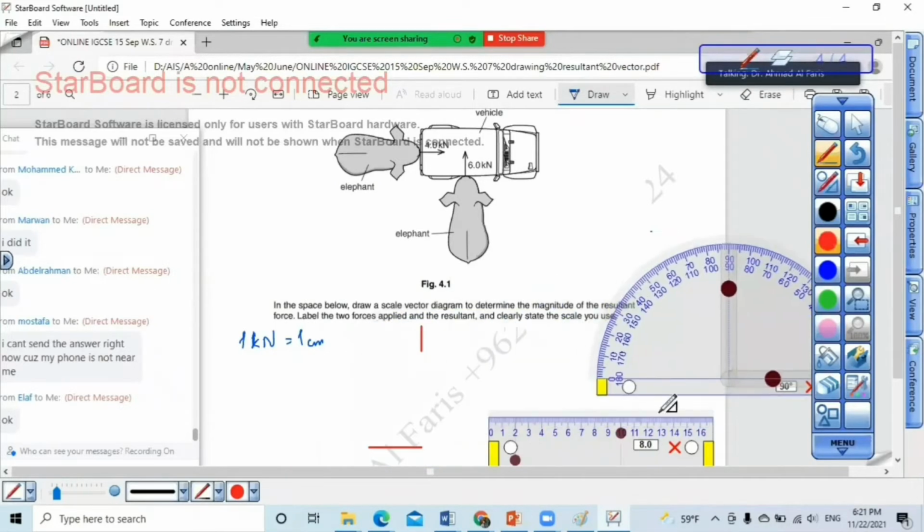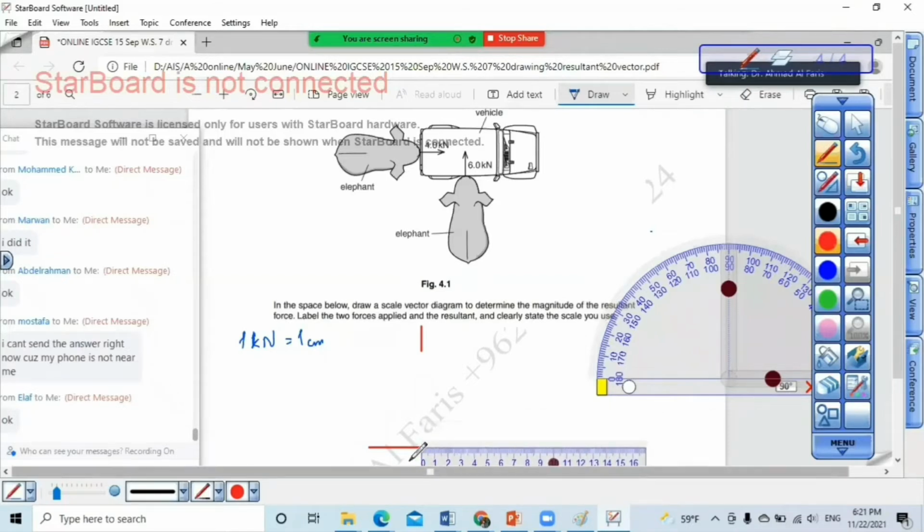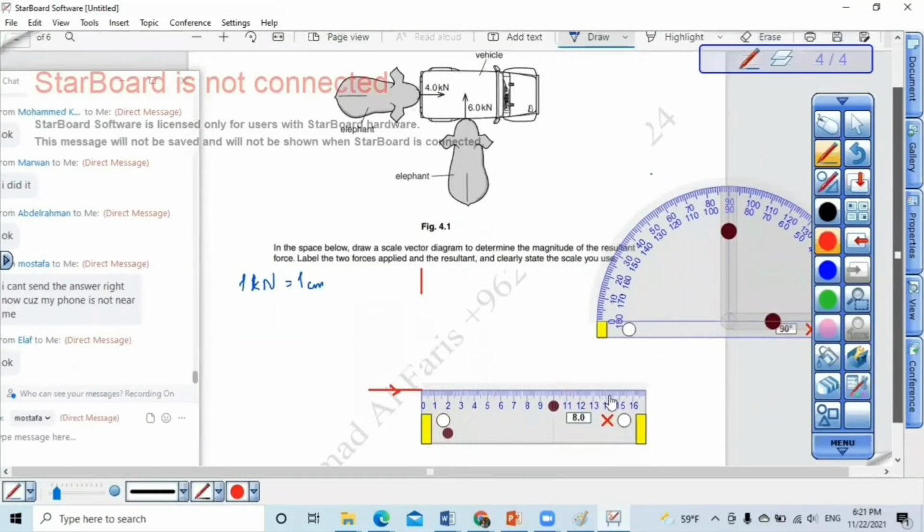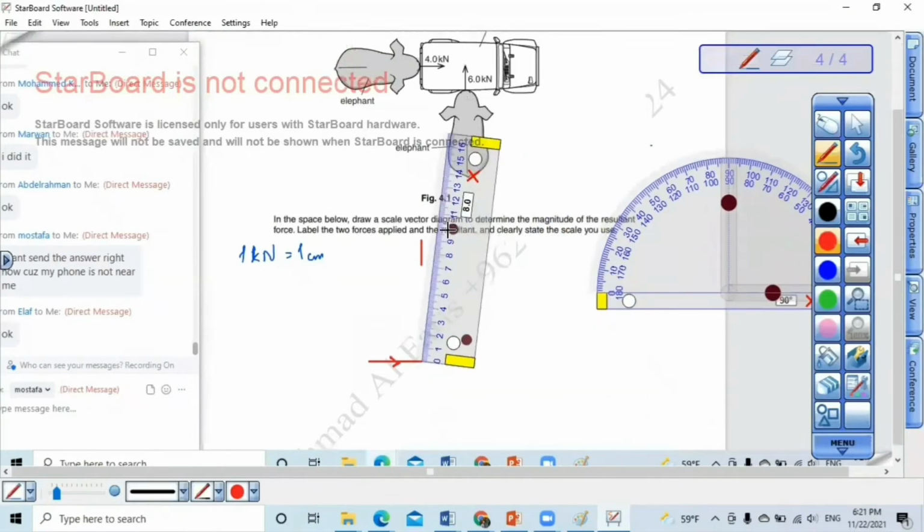Now my ruler is supposed to start from where I finish. So this is my first force, and I will rotate it, spin it, to find the angle of 90 degrees. Like this. Then I will draw my other force.